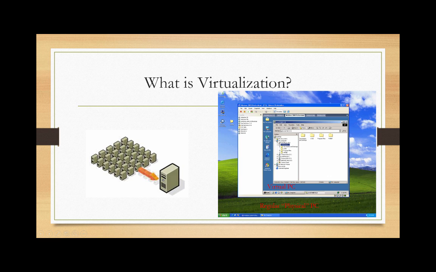The interesting part about VMware and virtualization in general, VMware is the largest manufacturer of virtualization products, but the interesting thing about VMware is that this virtual PC that I'm pointing out here has no idea that it's a virtual PC. It will behave exactly the same as if I were installing Windows 2000 on a regular physical hardware box.